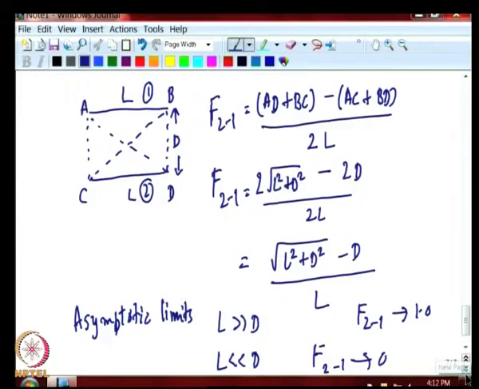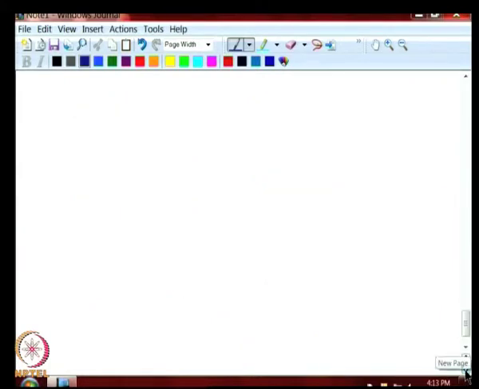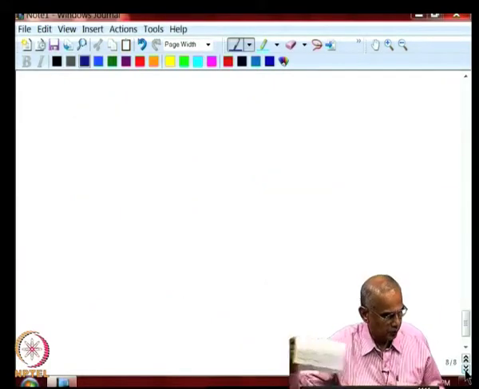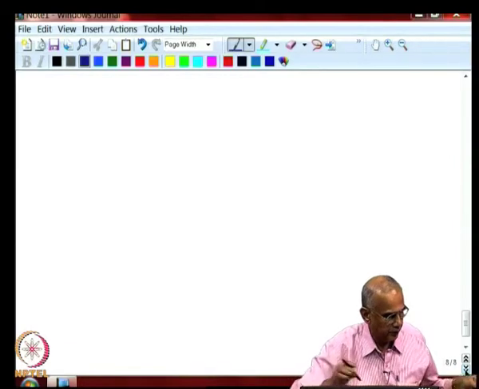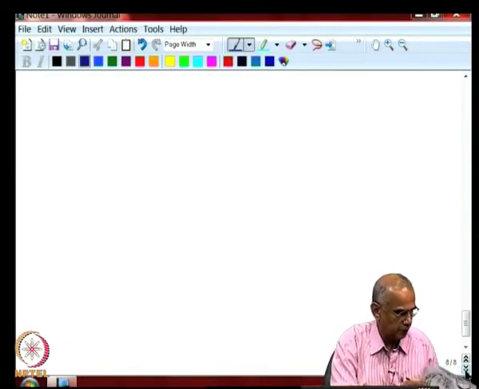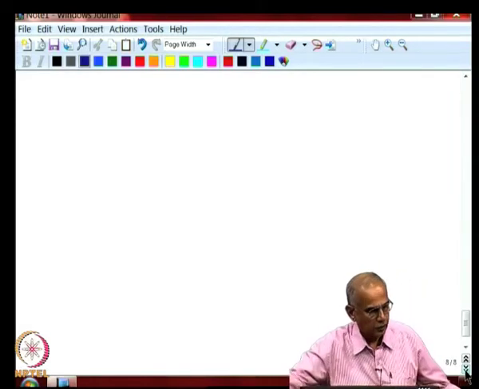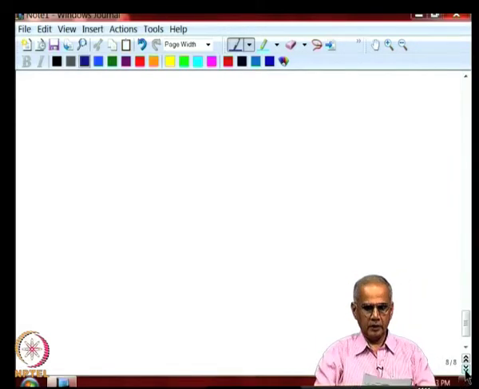This of course was a simple problem involving very simple geometries. Now, let us try something a little more complicated, so that we get familiar with the application of these laws. Okay. So, I am going to take a few more examples in which we can apply the cross-string method.